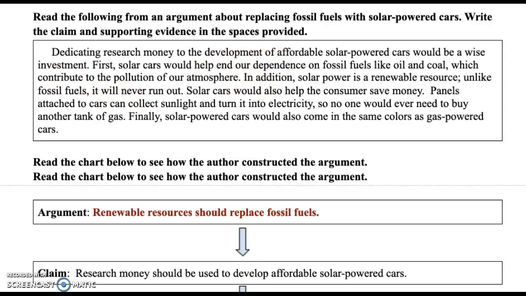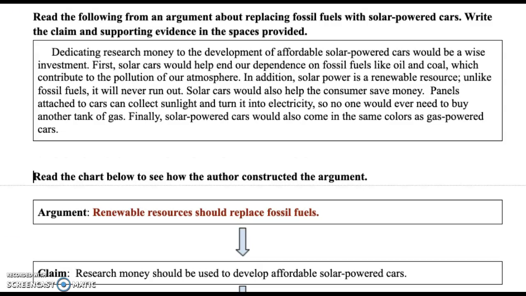Unlike fossil fuels, it will never run out. Solar cars would also help the consumer save money. Panels attached to cars can collect sunlight and turn it into electricity. No one would ever need to buy another tank of gas. Finally, solar-powered cars would also come in the same colors as gas-powered cars.